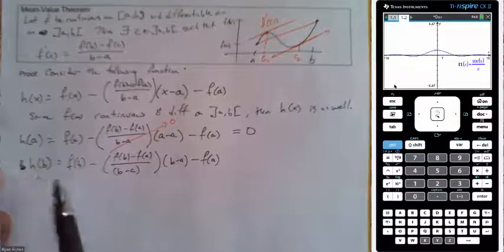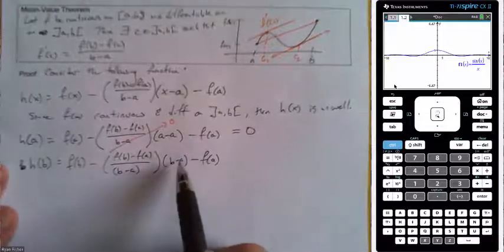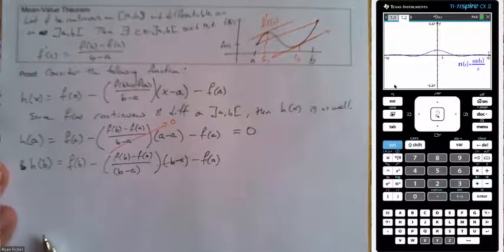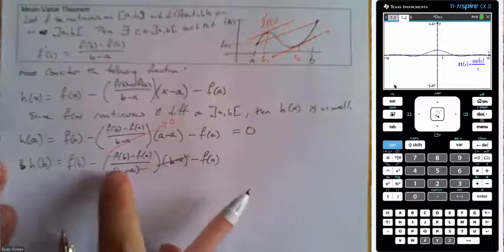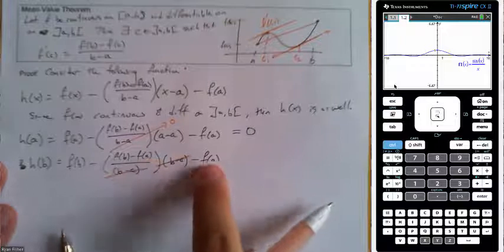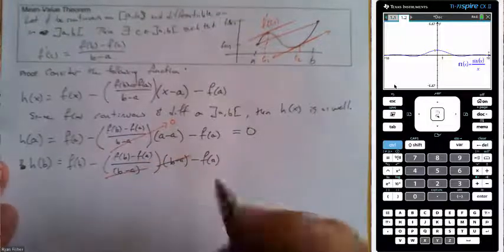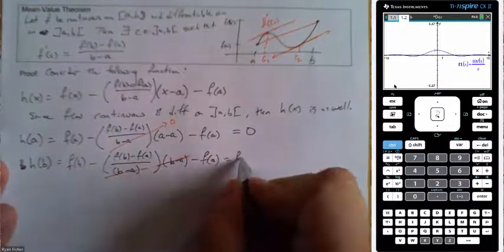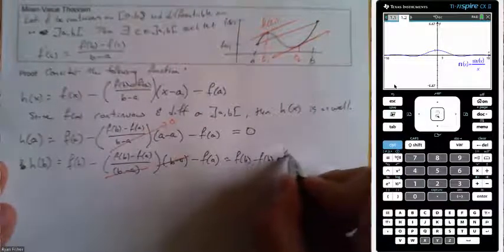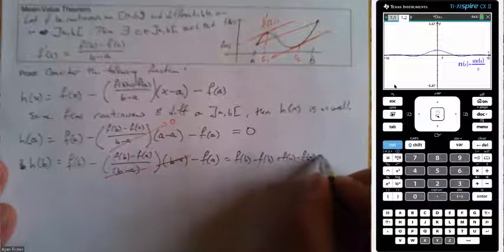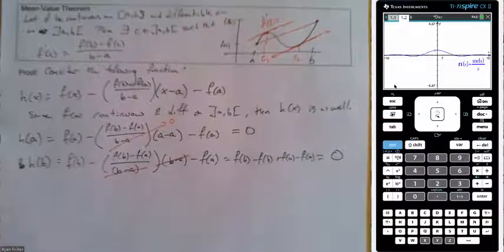The b minus a terms cancel. So you're left with f of b minus (f of b minus f of a) minus f of a. If I distribute this minus sign, this is f of b minus f of b plus f of a minus f of a, which is also 0.